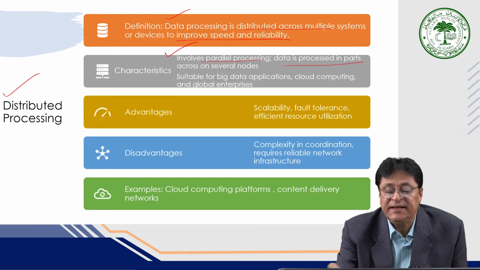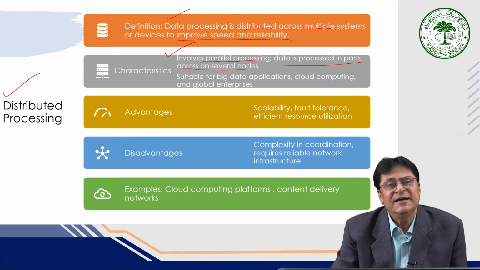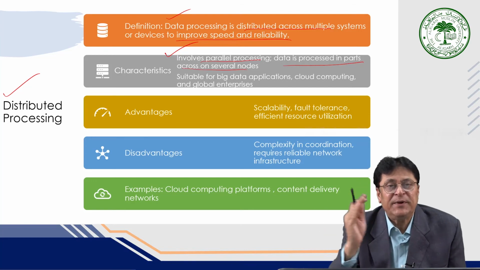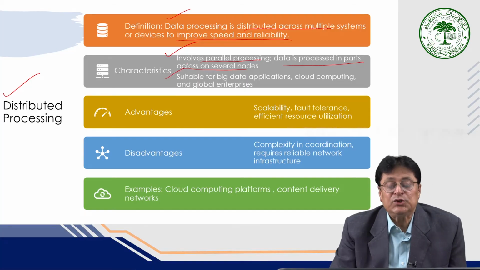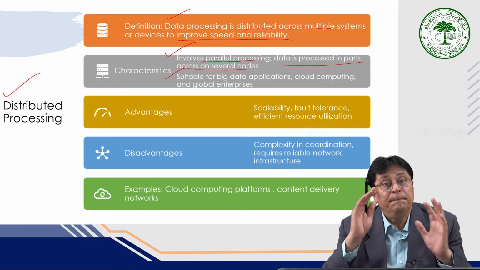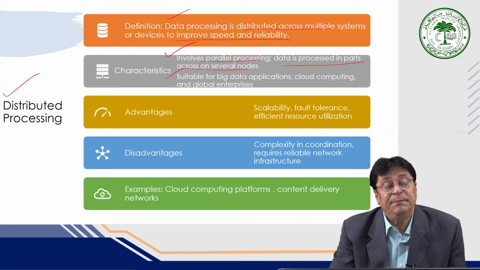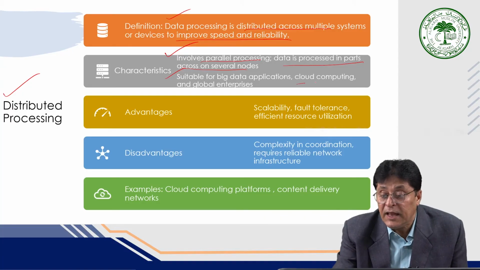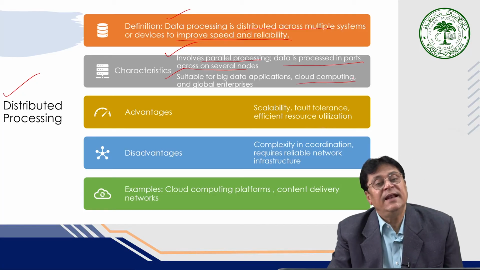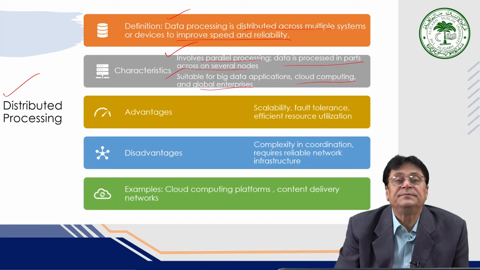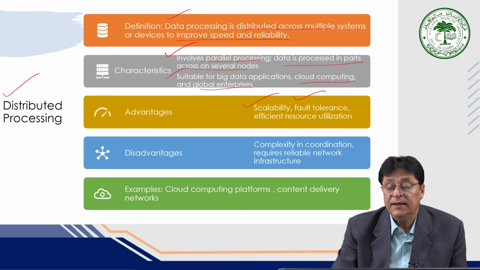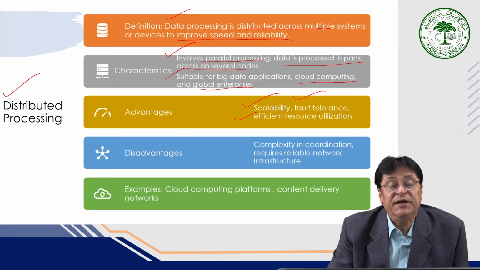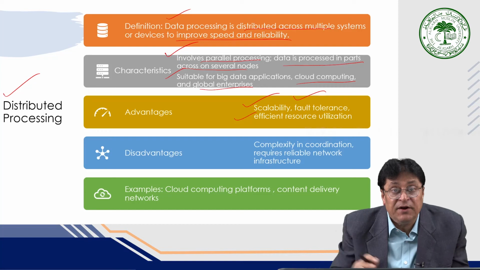The data is processed in parts across several nodes which separately process the task, and it is suitable for big applications, especially big data applications in cloud computing as well as in global enterprises. The advantages are scalability, fault tolerance, and efficient utilization of resources which are distributed all over.